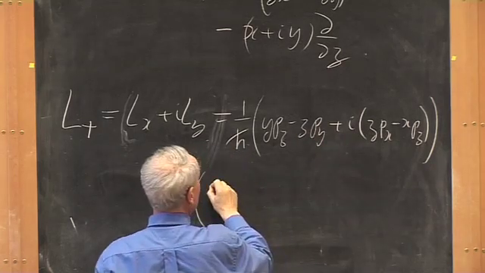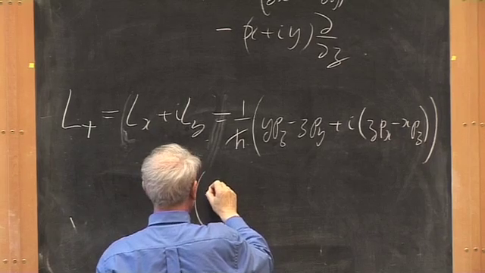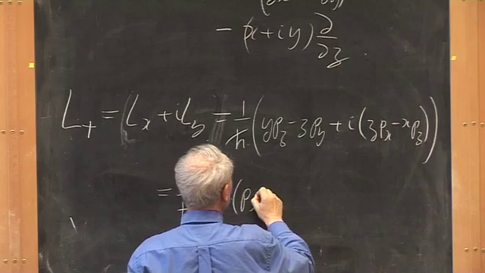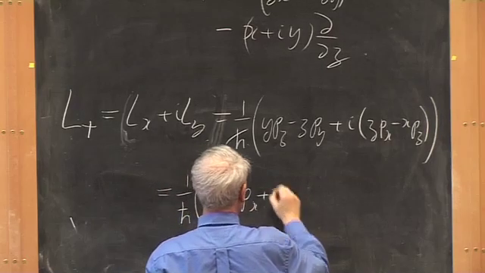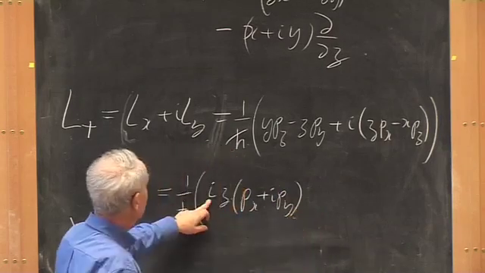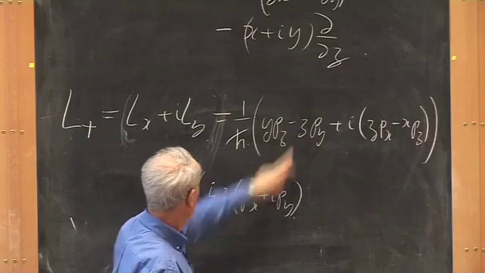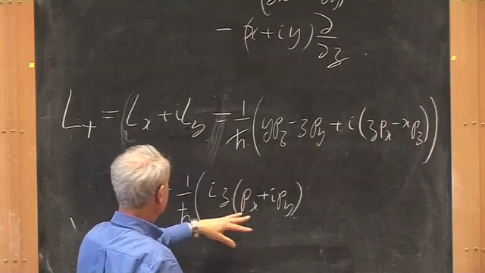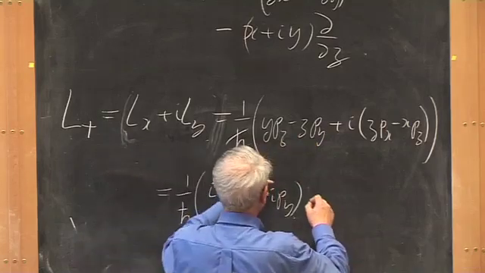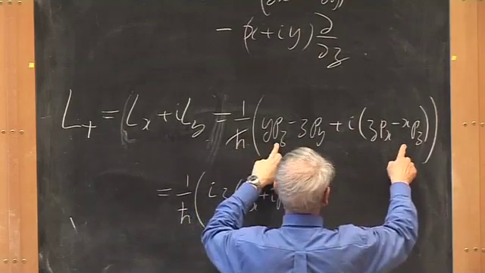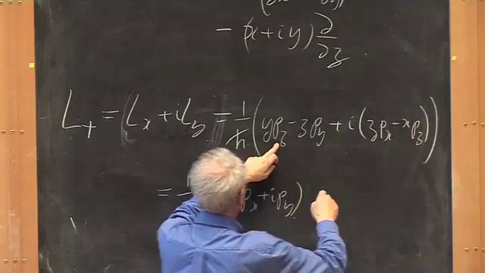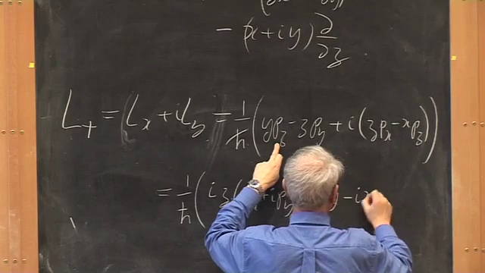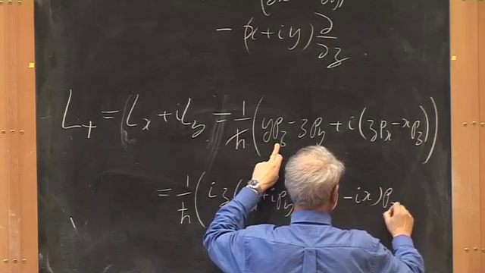We're going to have i z, px plus i py, I think. Right, this i and that i make the minus sign that we have there. z is the common factor. All right, and then what about the pz factors? Well, we have a plus y minus ix, pz.